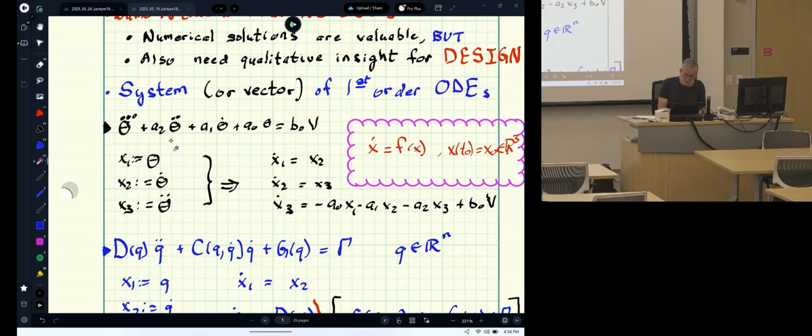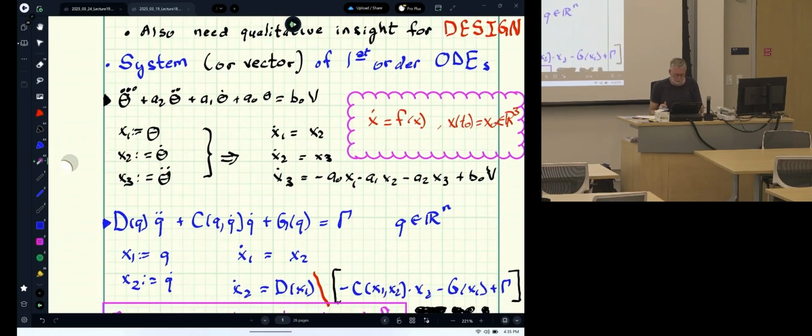So theta triple dot is minus a2 theta double dot, etc. And when you do that, you get a simple structure of the differential equation because x1 dot is theta dot, and theta dot is equal to x2. So x1 dot is x2. x2 dot is theta double dot, but theta double dot is x3.